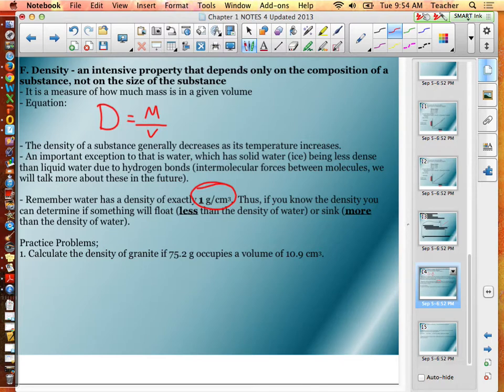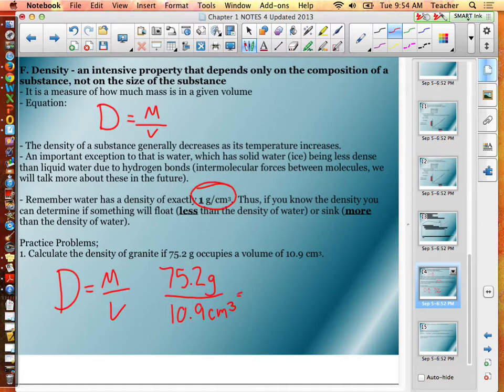The first thing we want to do is the simplest density problem we can do. We want to calculate density. We're given our mass, we're given our volume, and all we have to do is plug and chug. Our equation is density is mass over volume, and we're going to plug that in. We're going to have 75.2 grams over our volume of 10.9 centimeters cubed.